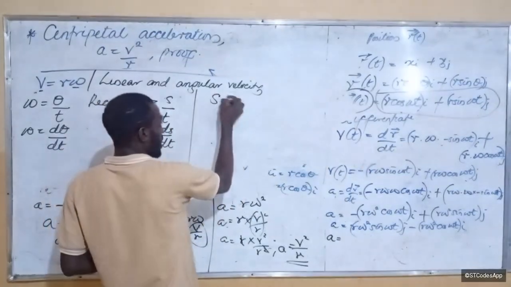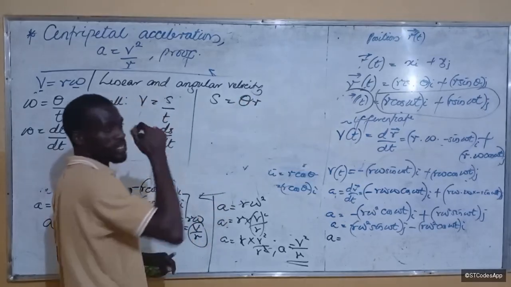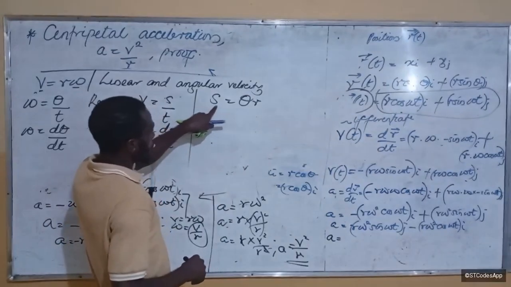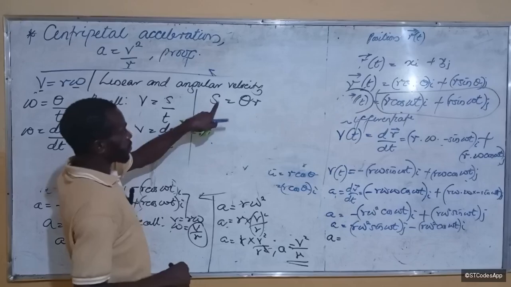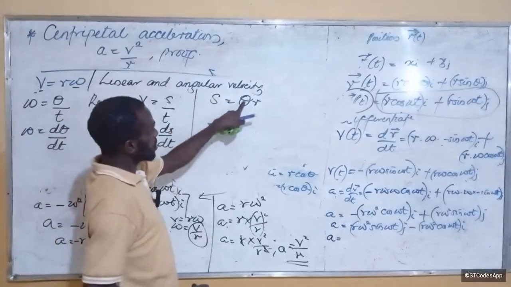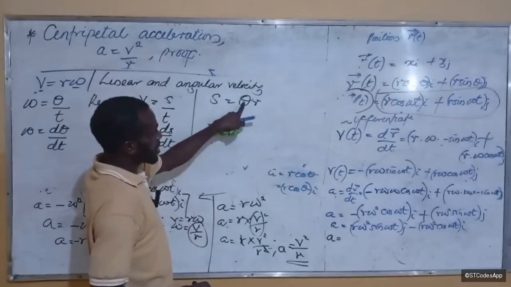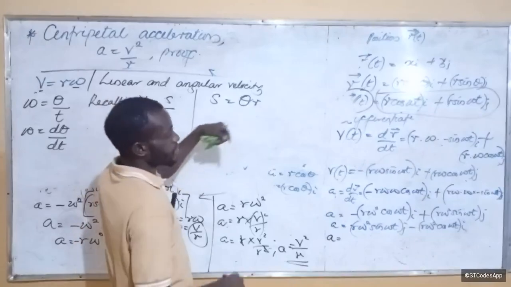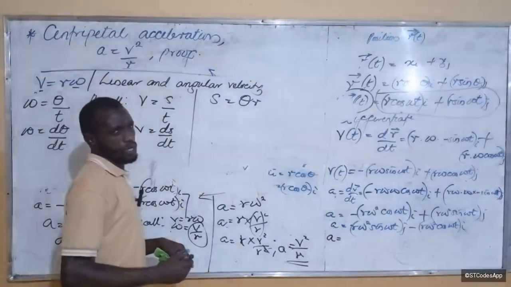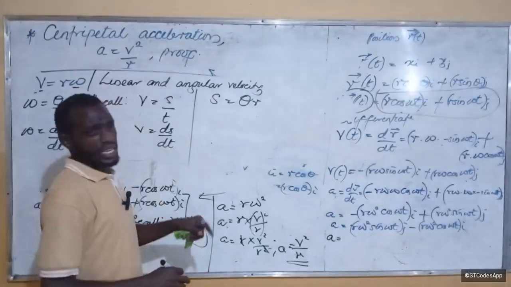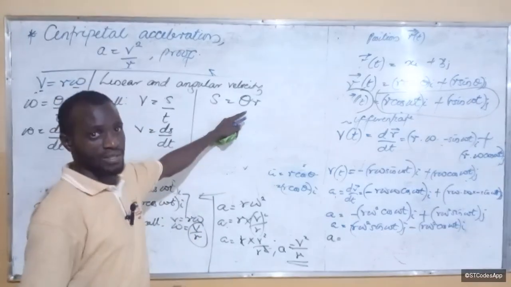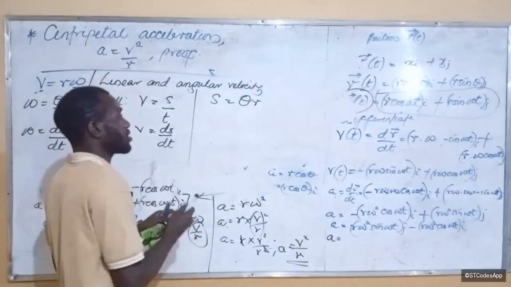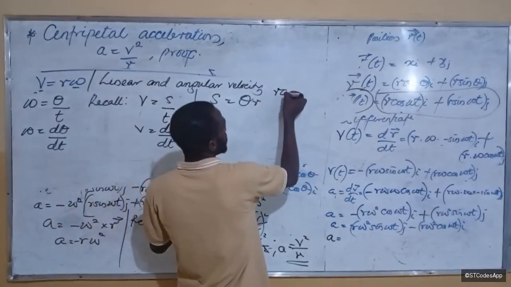Is that okay? Length of an arc, S is theta r. You know that in maths, right? So that is where I got this from. So this linear displacement is theta times r, okay? Then you can begin to ask how did we come about that, and we usually say, because we measure in radians, okay? In radians.